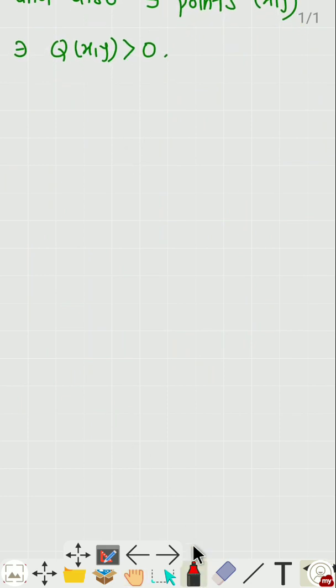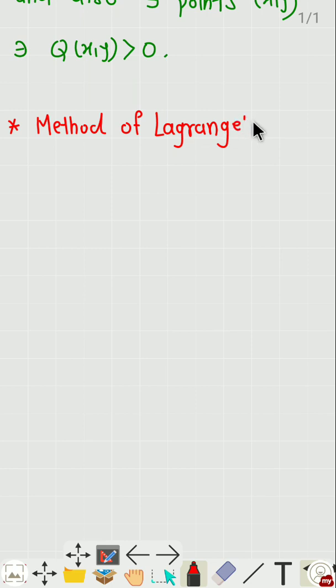Next point is method of Lagrange's multipliers.